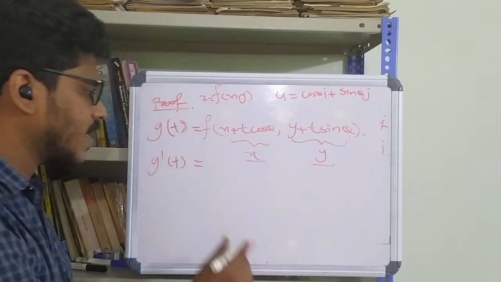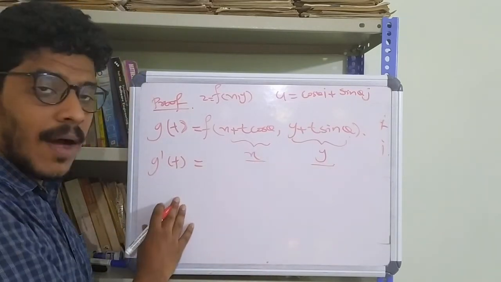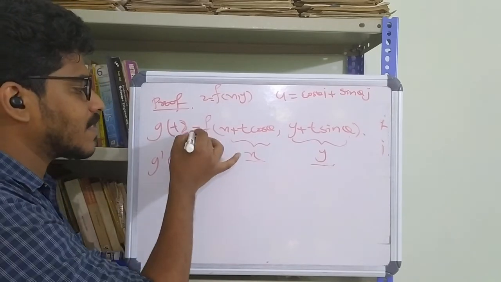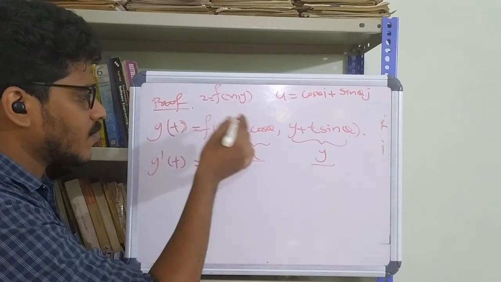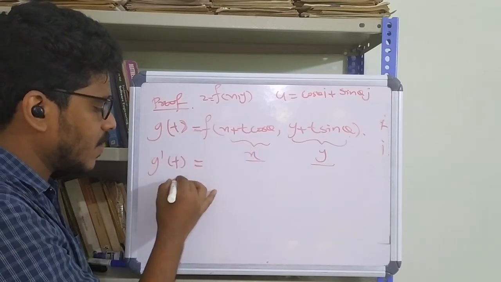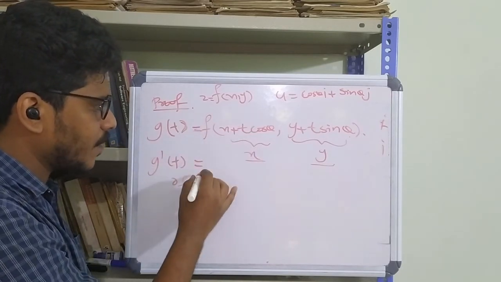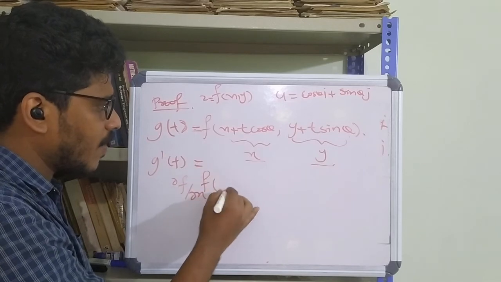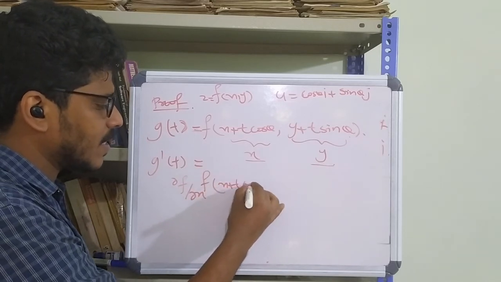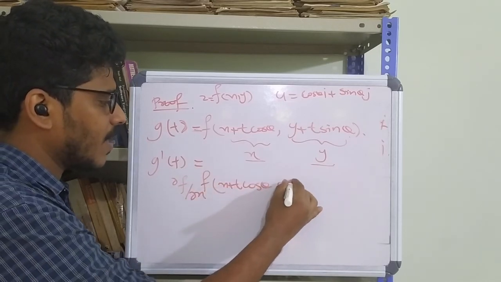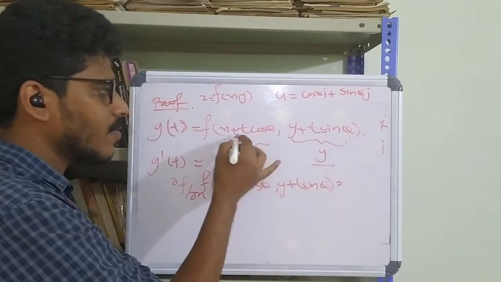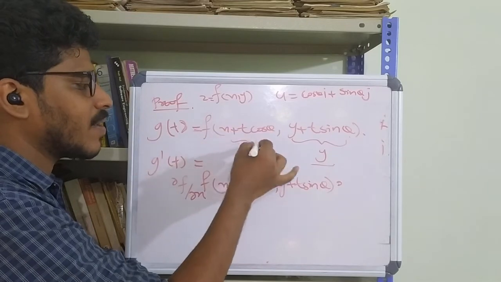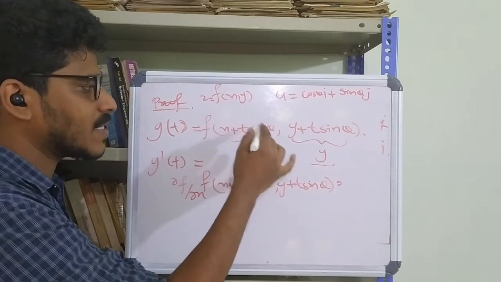So g dash of t equal to, how to use the chain rule. We have seen the chain rule for partial derivatives. So g dash of t can be found as dou f by dou x of f of x plus t cos theta, y plus t sin theta, into, again the first variable x is a function of t, x plus t cos theta.